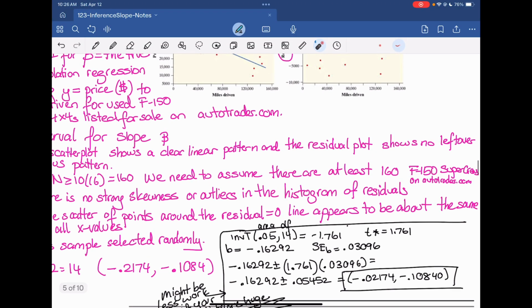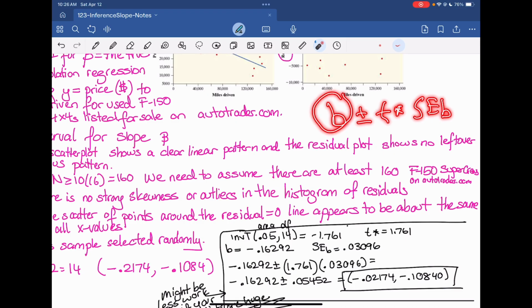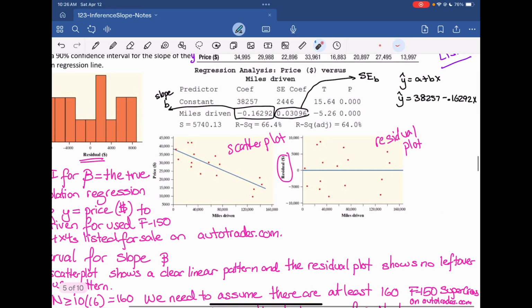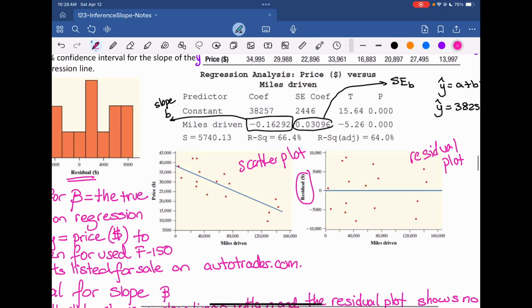Well, our formula is b plus or minus t star times SEb. That's the formula. b is the sample slope, t star is your test statistic for the t distribution, and then the standard error of b. And I can tell you that they're all here on this line, right here, all of what you need.